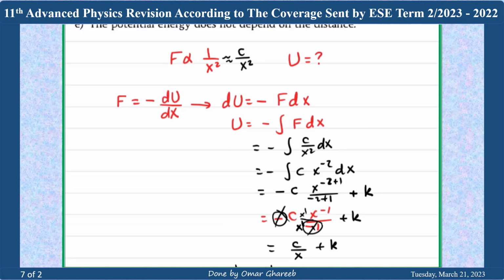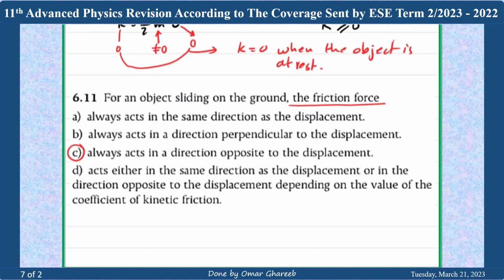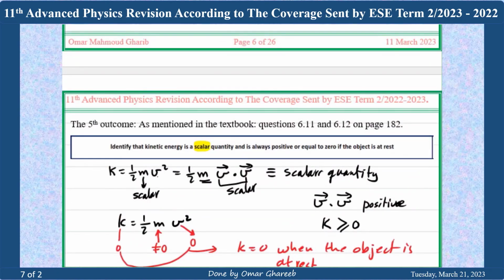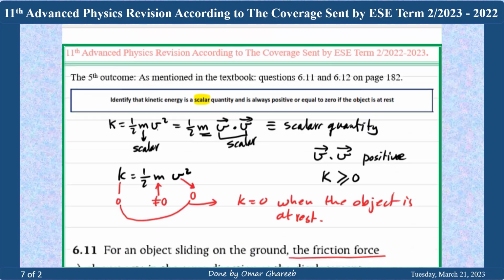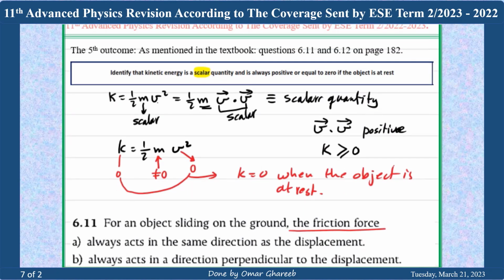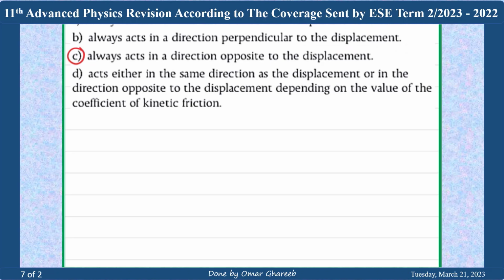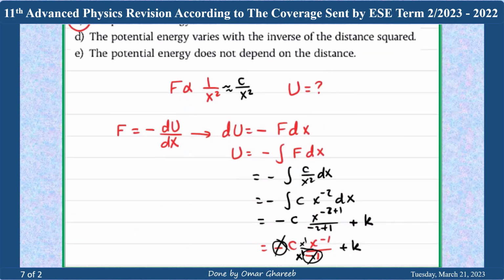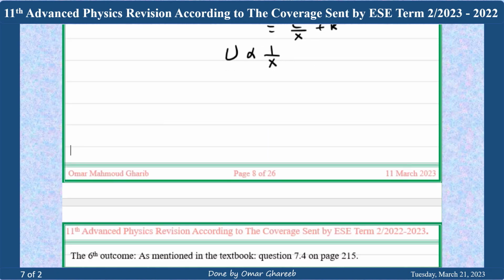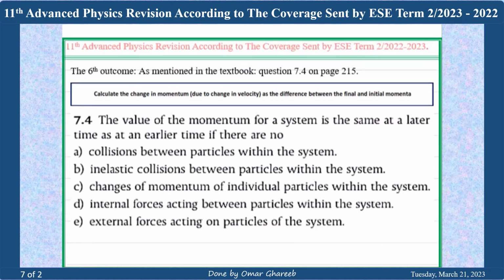Now outcome number 6. I emphasize again, the outcome is to identify the kinetic energy. This is the outcome, and these are our 2 questions which are not related to that outcome.